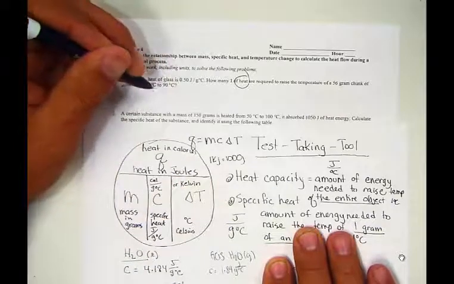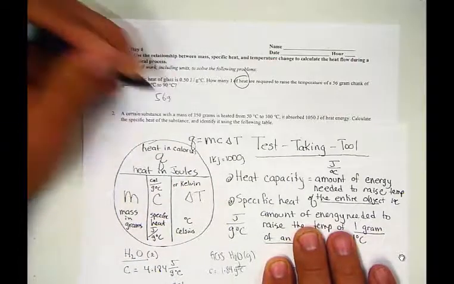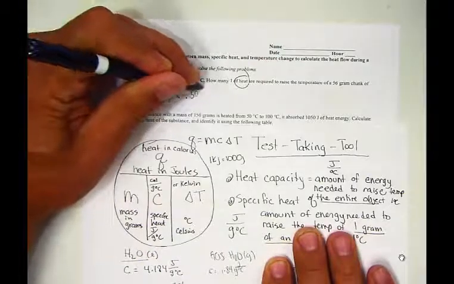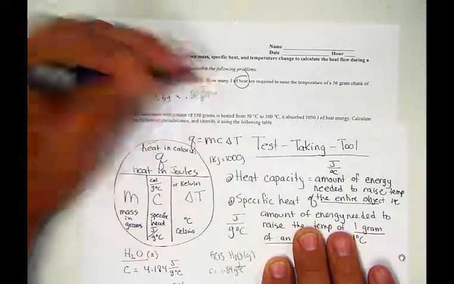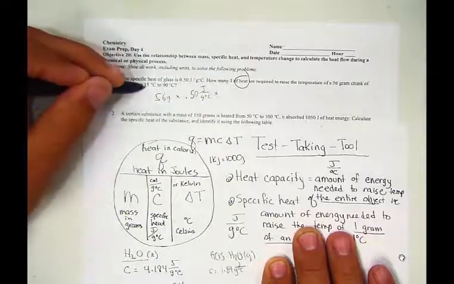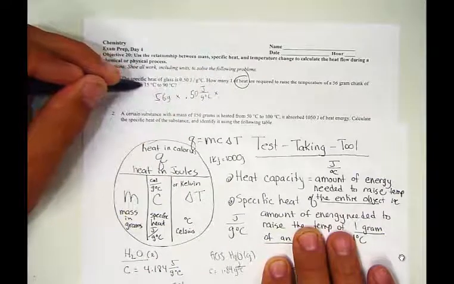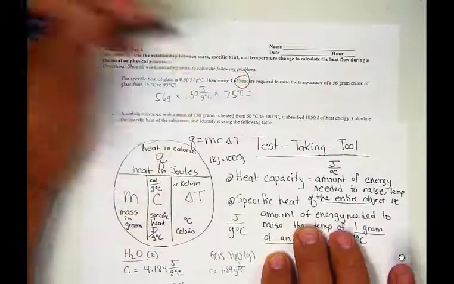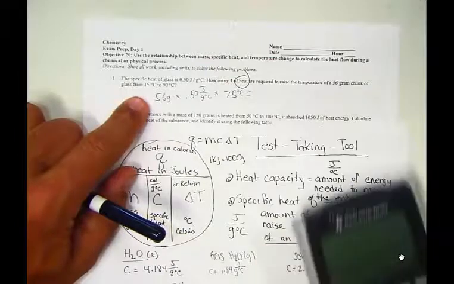The mass is 56 grams. The specific heat of glass is 0.50 joules per gram degree Celsius. And the change of temperature from 15 to 90, 90 minus 15, is 75 degrees Celsius. These types do not need to be in Kelvin.